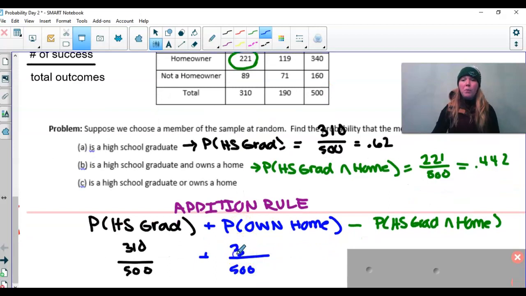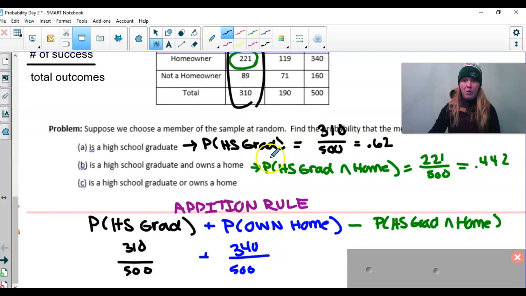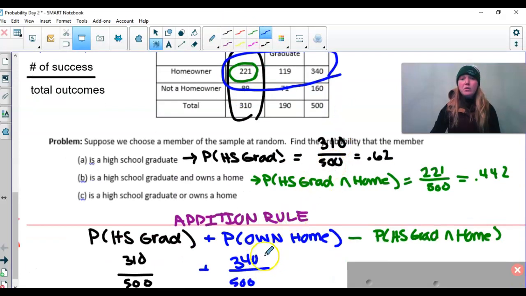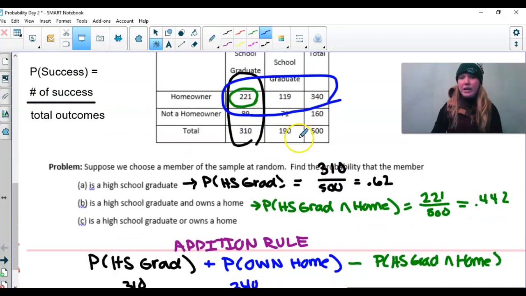So let's look at this number right here. 310 includes everyone who owns their own home and does not own their own home. Then we have homeowners. Homeowners are 340.